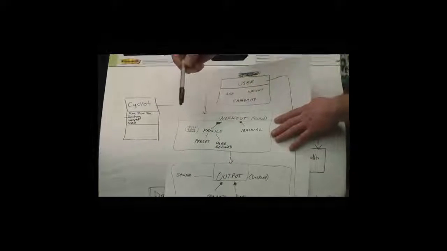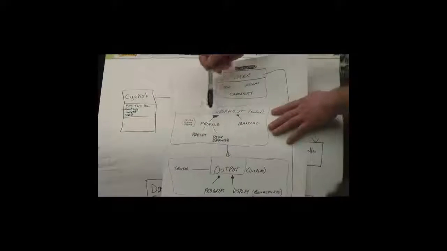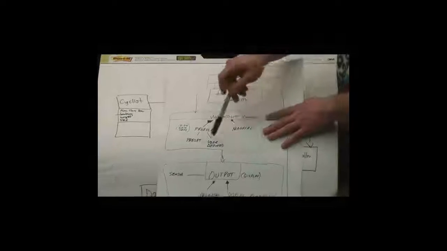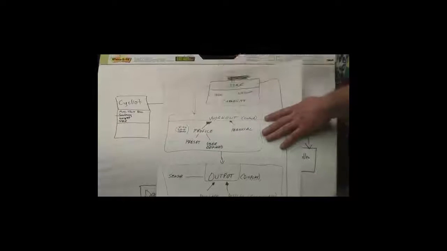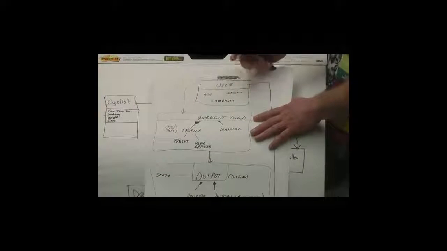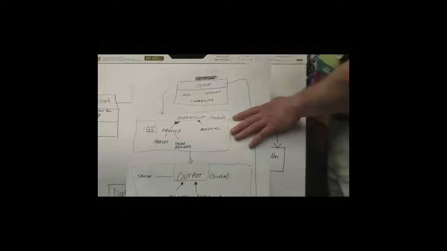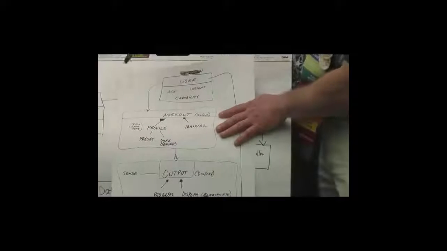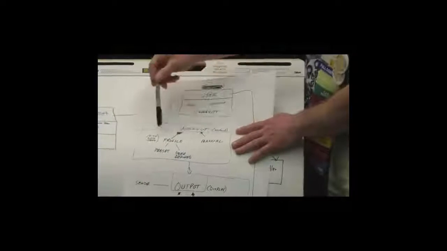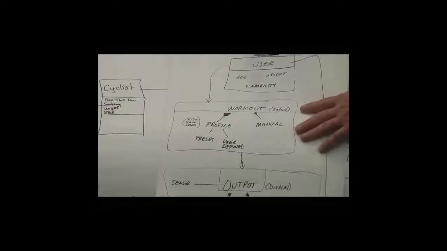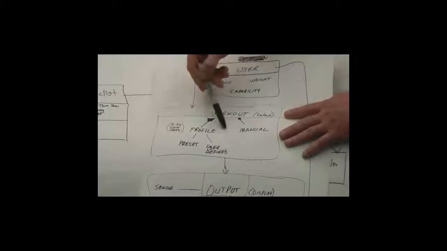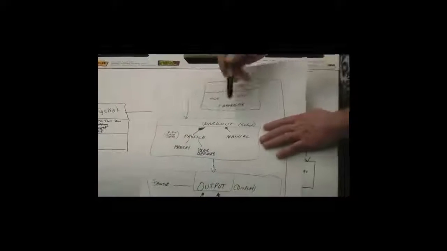So preset is a profile, and user-defined is a profile. So you have two types of profiles, whether it's preset or you can enter it and define it as you go. Some methods associated with this: to actually run the profile, that's the ride method. But you can save the profile, and you can also load the profiles. And I'll get to the other arrows after.